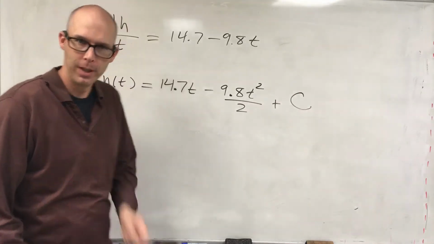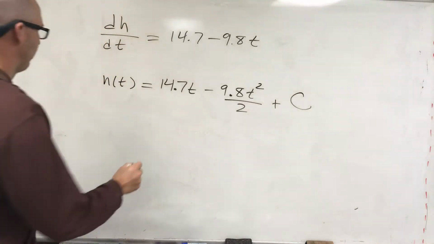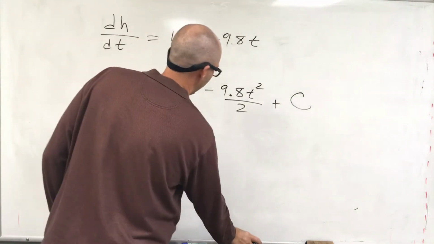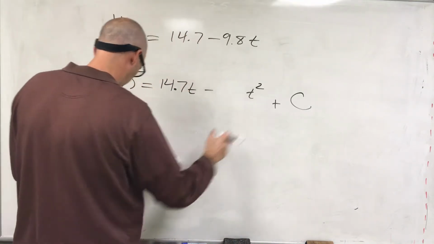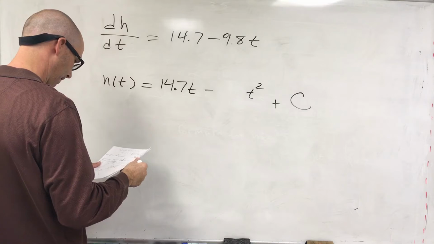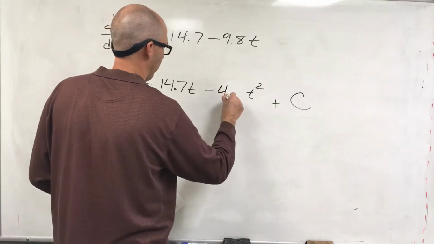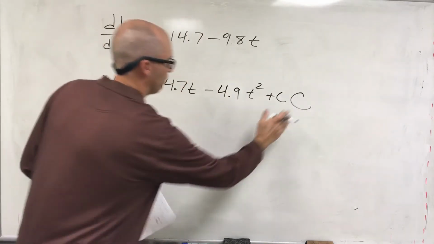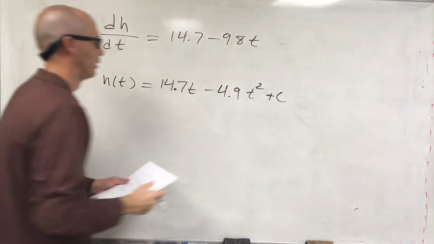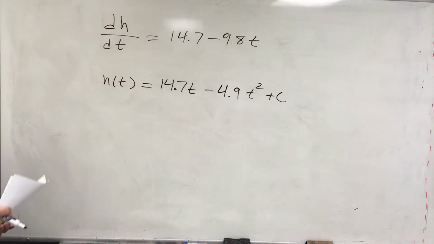It won't matter. You'll see. Okay, so 9.8 divided by 2 is 4.9, so 4.9t squared plus c. Okay, so there's h of t.